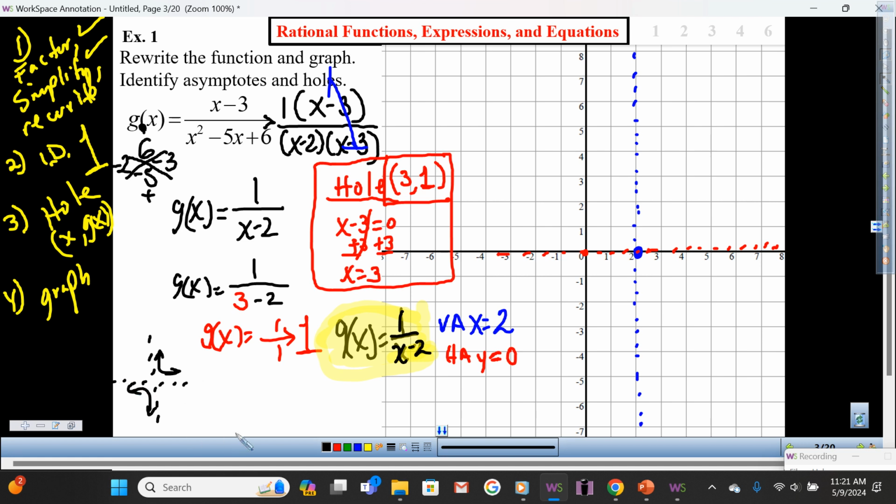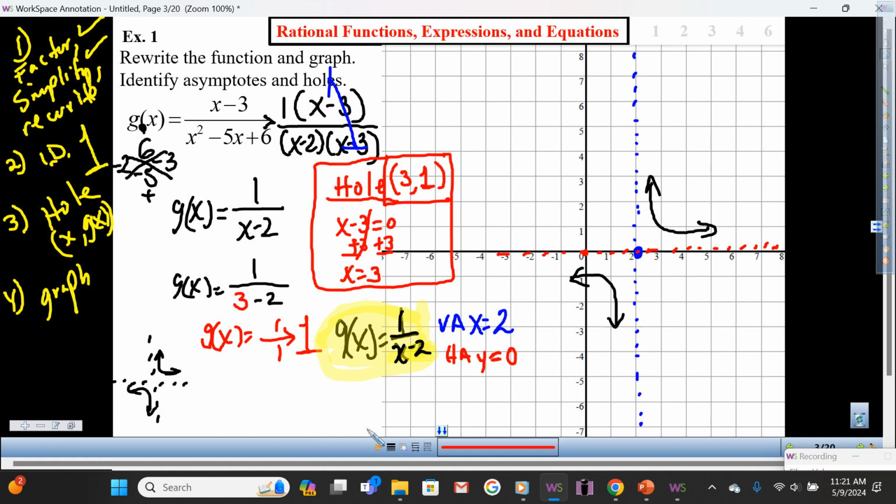However, look up. If we were to graph that here, it would be here and here. Is that correct? So far so good? However, what is this? That there's a hole on our graph. Where's that at? At 3, 1.